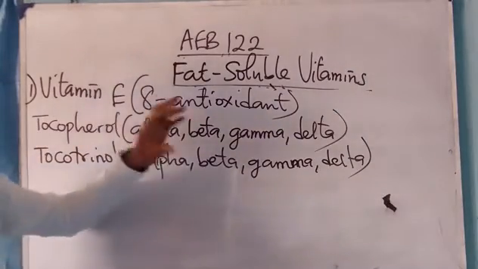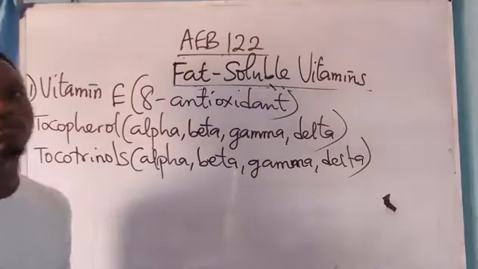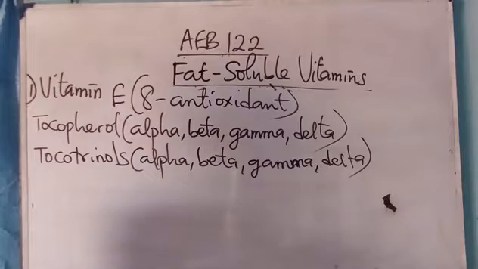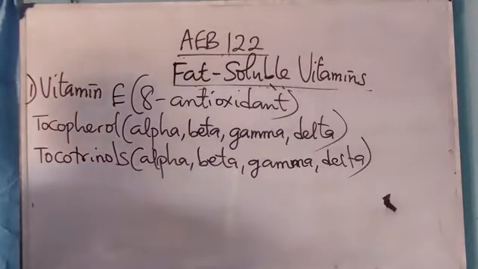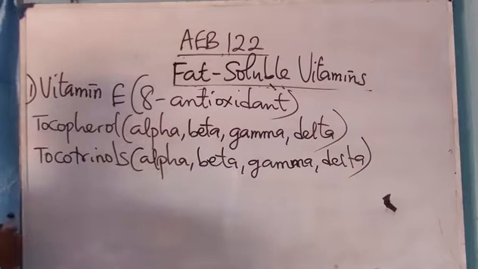So these are the 8 families that vitamin E describes. Now, when vitamin E is not present in the body of an animal, it can result in a lot of abnormalities.